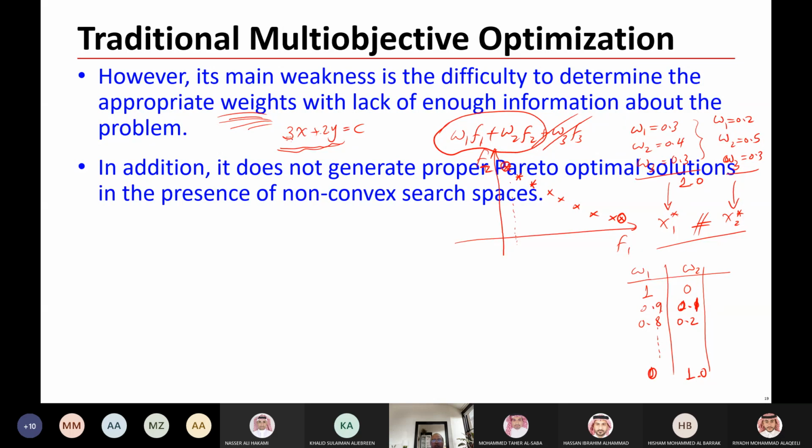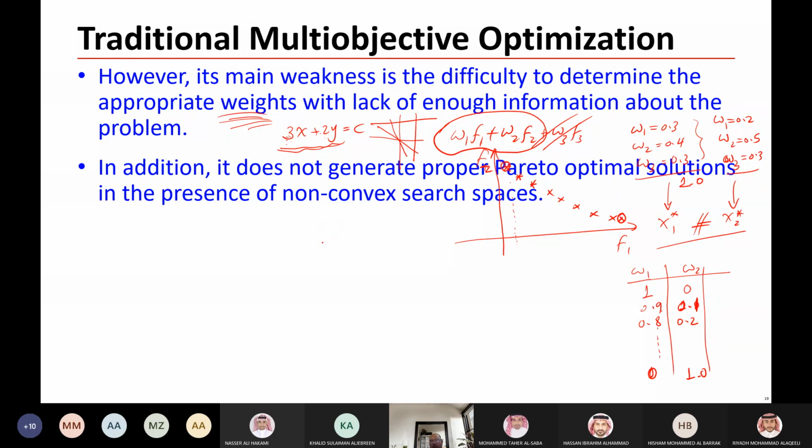If you change them, you have one straight line, another straight line, and another, and so on. If you have only x, then x is constant, so this is a straight line. If you have only y, then y equals a constant, which is also a straight line. So changing these coefficients changes the slope of the line.